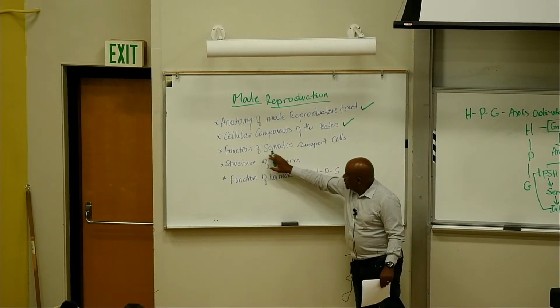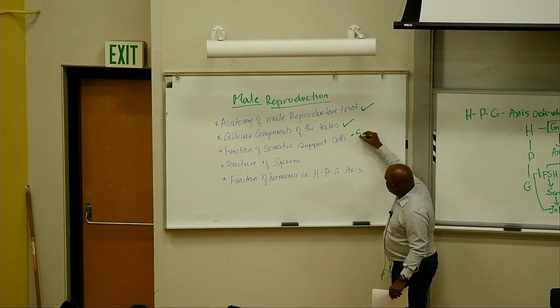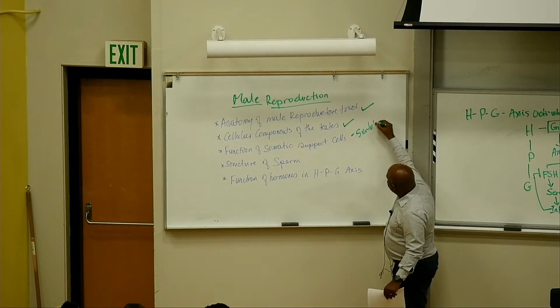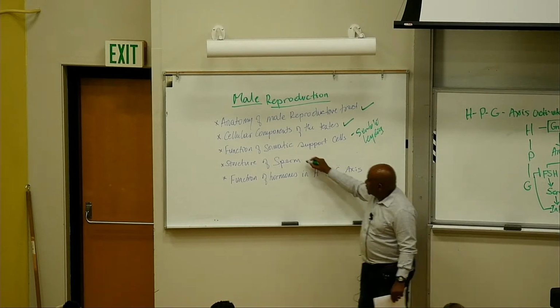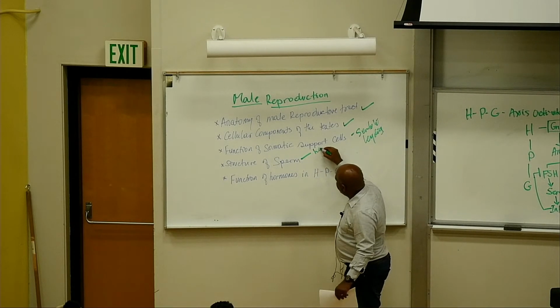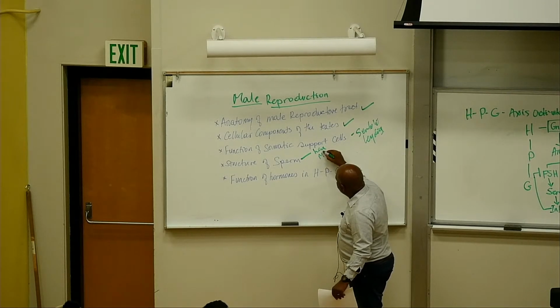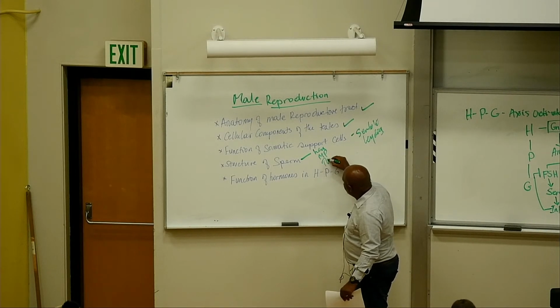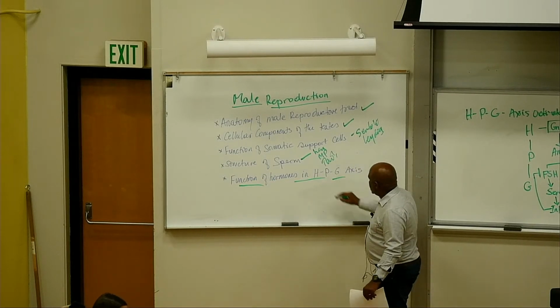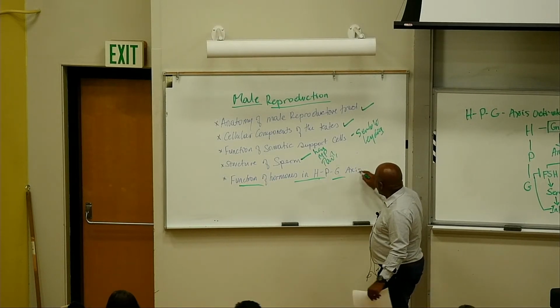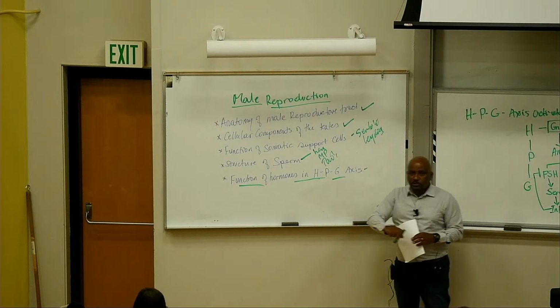We have seen the two supporting somatic cells, the Sertoli cells and the Leydig cells, and how their functions work. We have also seen the sperm structure, the head, the midpiece, and the tail, and what they are for, and what the hypothalamus-pituitary-gonadal axis looks like at puberty in the male.